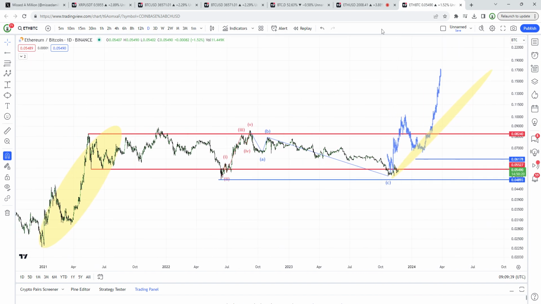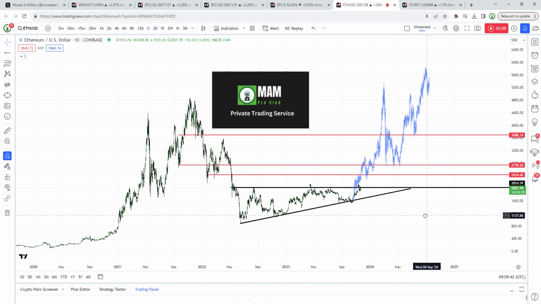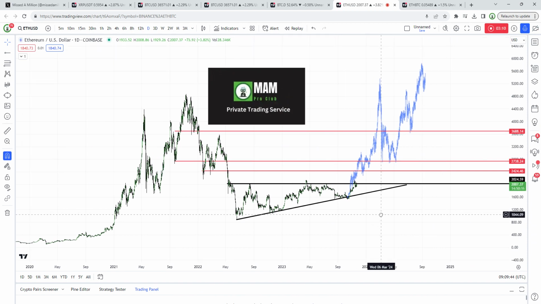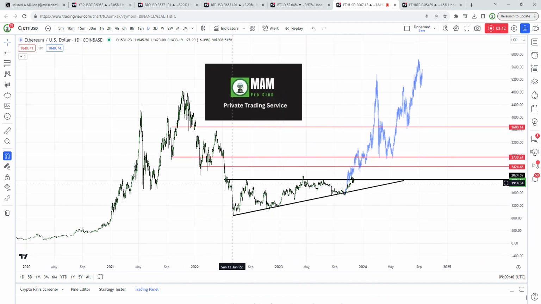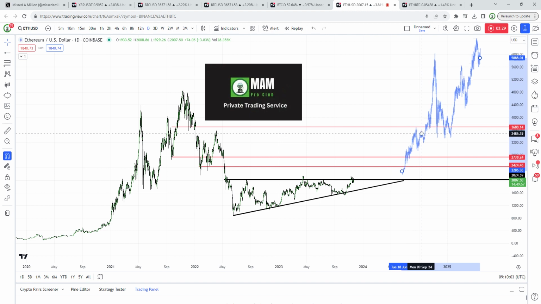So what would that mean for price action at the moment for ETH? If you have a look at the structure that ETH has been forming, you could say this is an impulsive move down, but to me this looks like almost a year and a half of ascending triangle, and it looks like it wants to break out soon.